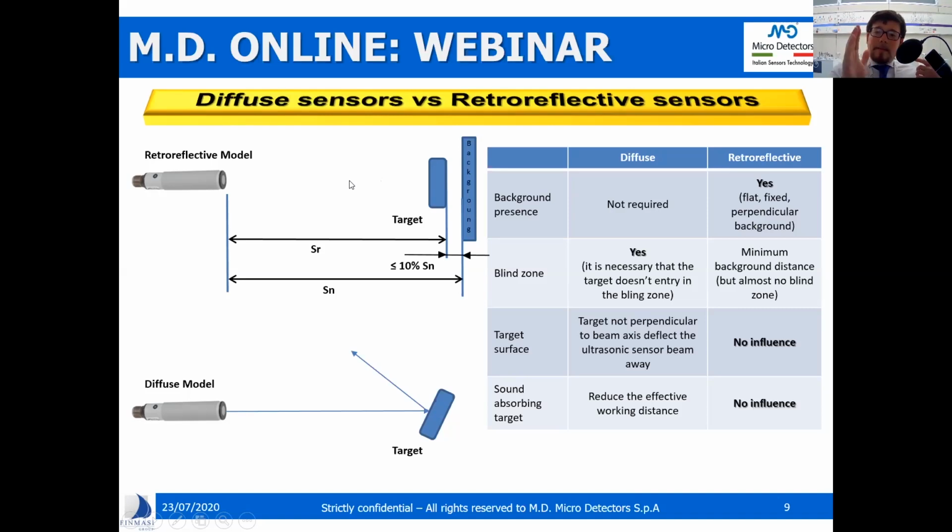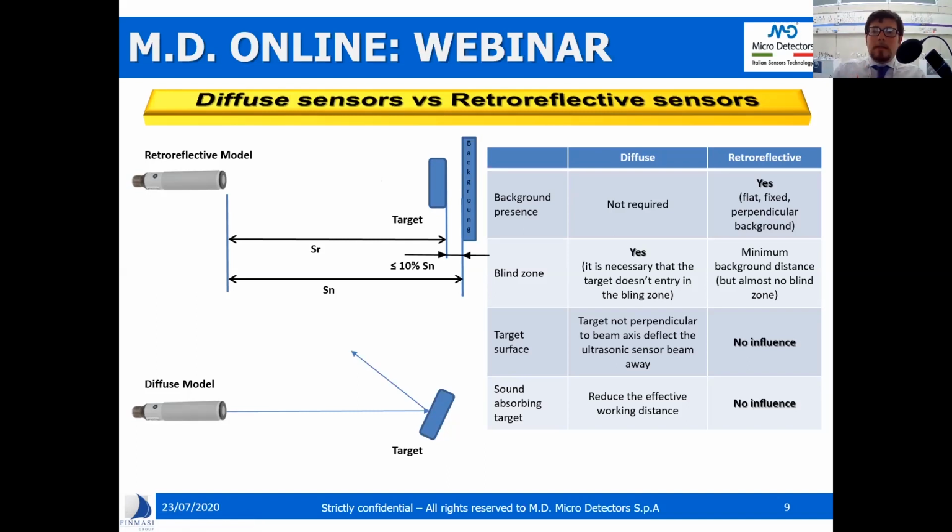So the principle is quite easy. You are reflecting continuously these ultrasonic waves against the background. When any kind of object passes through between the active element and the wall, it interrupts this flow and makes it possible to detect the presence of the object itself.